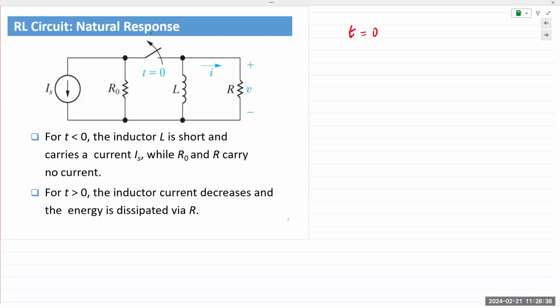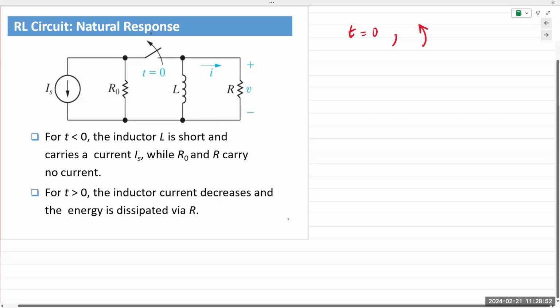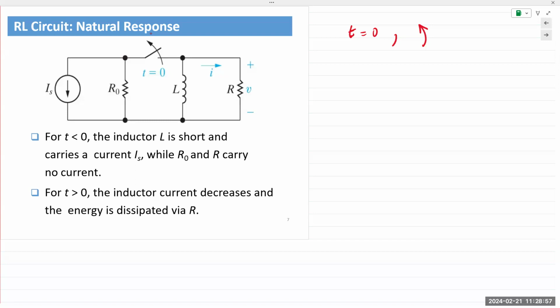There is an arrow that flips up. And so it simply means that at time t equal to 0, the switch was flipped open. And this is a very important concept in transient analysis. At time t equal to 0, the switch was flipped open. And logically, it follows that prior to time t equal to 0, the switch was actually closed.